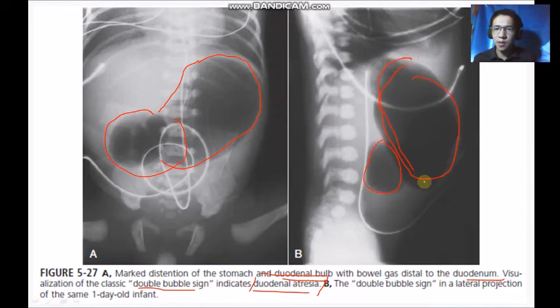This is your stomach filled with air, and then this is the proximal nimo nga duodenum that is also filled with air. So that means diri rataman ang intestinal tract ni patient. So naa siya ileum, naa siya jejunum, naa siya large intestine, but then putol ang ilang connection. Okay, so that's the problem with atresia. Okay, so also the double bubble sign, this is the AP nga radiograph, and then this is the lateral nga radiograph.